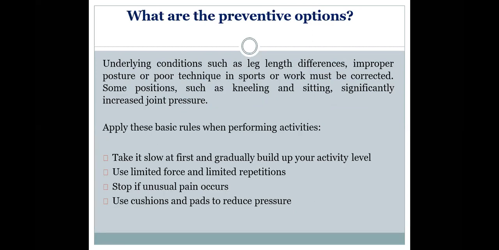Underlying conditions such as leg length differentials, improper posture, or poor technique in sports or work must be corrected. This is one of the main factors that we have to remember, or we can advise patients so as to prevent tendinitis and bursitis, and applying basic rules for performing the activities.